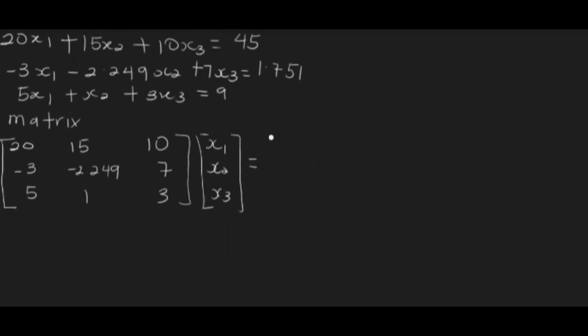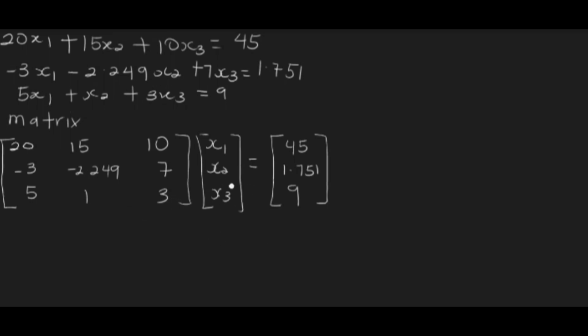So it should be equal to 45, 1.751, then 9. That is all. So this is our first step. We've represented this whole system of equations in matrix form, right?